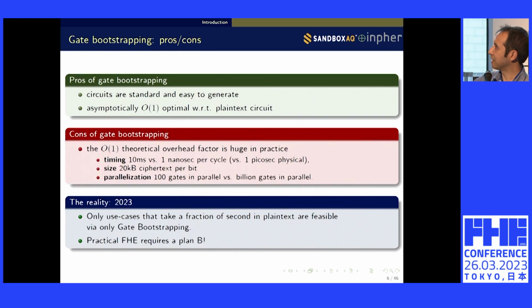So in practice, when you use gate bootstrapping, the only use cases that you are going to be able to solve are the ones that take a fraction of a second in plaintext. And for any other practical FHE operation, you need a plan B.